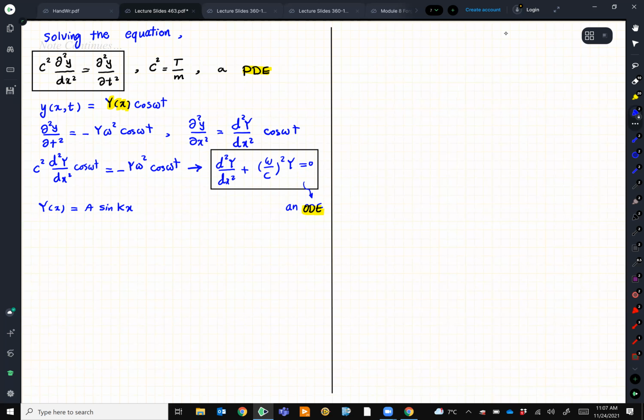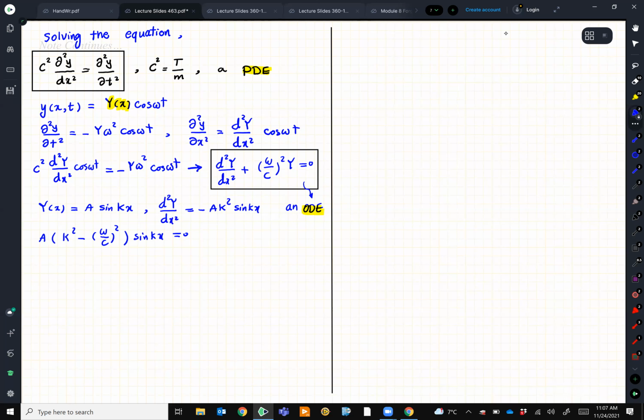Like always, we need to take the derivatives. Let's do that. d2Y over dx squared gives me minus A k squared sine kx. Substitute it there. It will be A times the bracket of minus k squared plus omega squared over c squared, times sine kx, equal to 0.